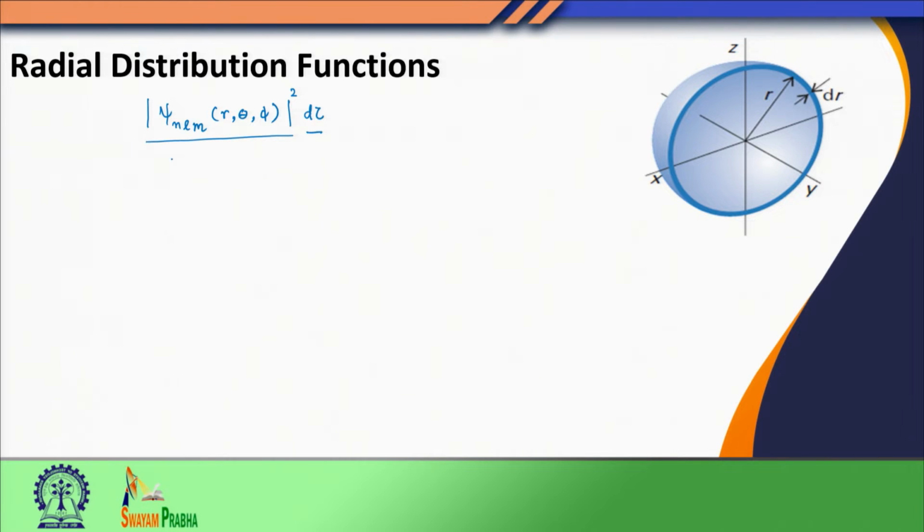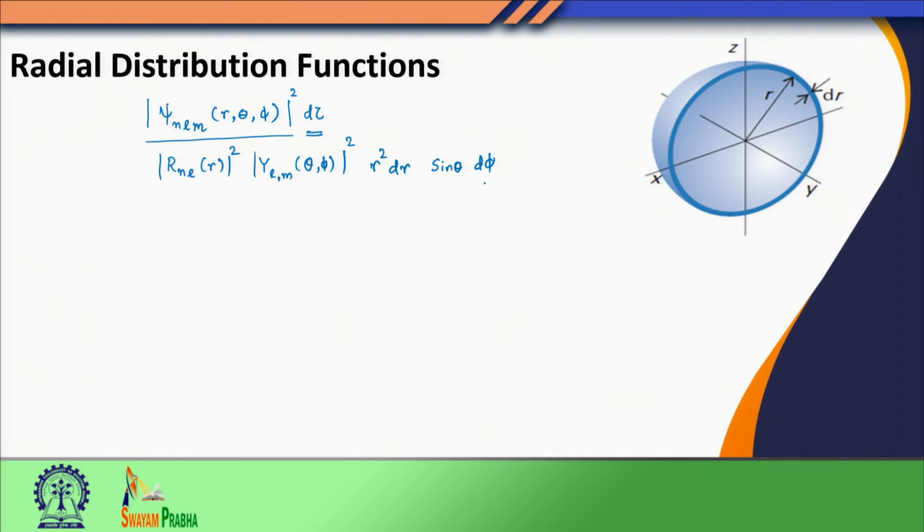When we do this, you would remember that our total wave function had a radial term, the angular terms, and then the volume integral in the spherical coordinate system is given by this.